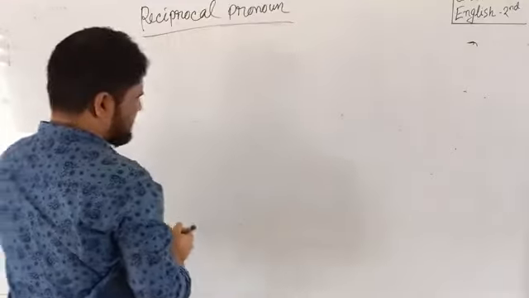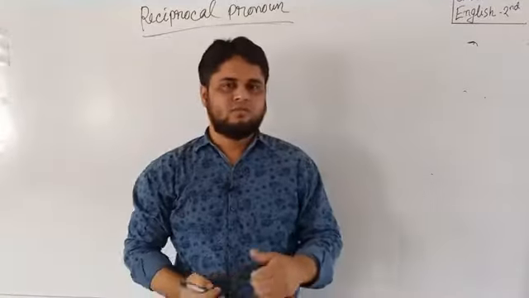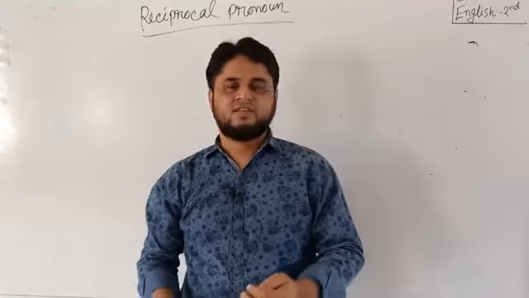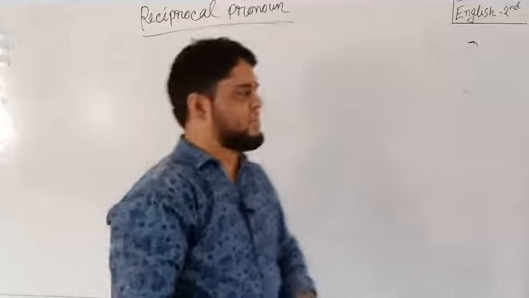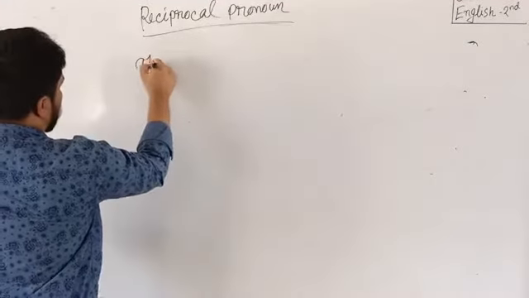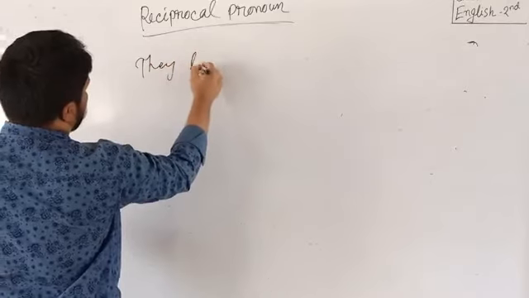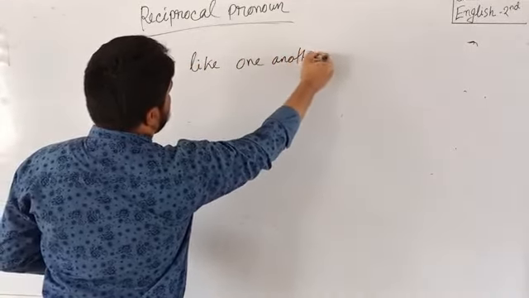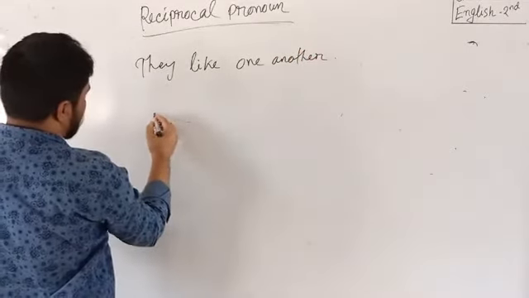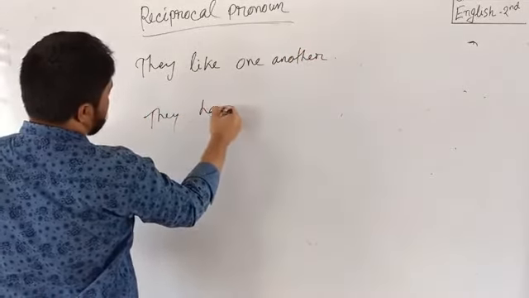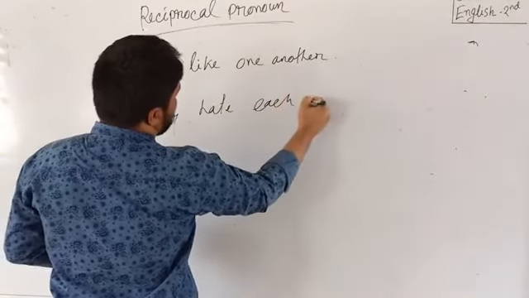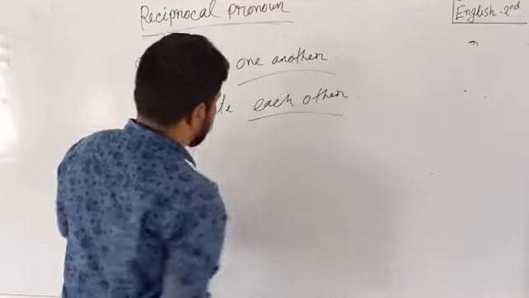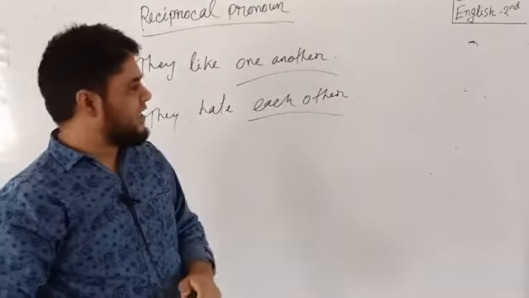In a reciprocal pronoun, two or more persons act together, or it refers to two or more persons, like each other, one another, etc. For example, they like one another, or we can write: they hate each other. Each other and one another, this type of pronoun is called reciprocal pronoun.